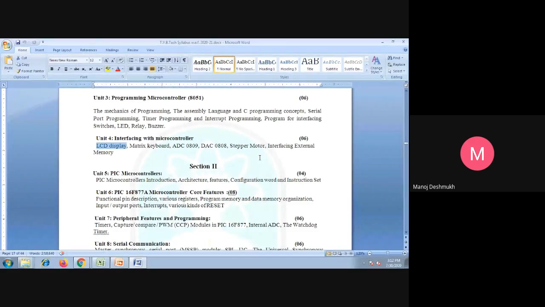Importance of the chapter. Write in that: to develop a microcontroller based system, use of only a microcontroller is not sufficient.